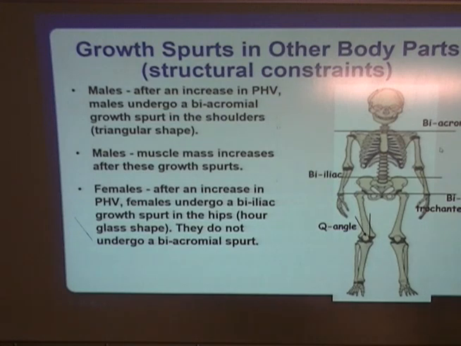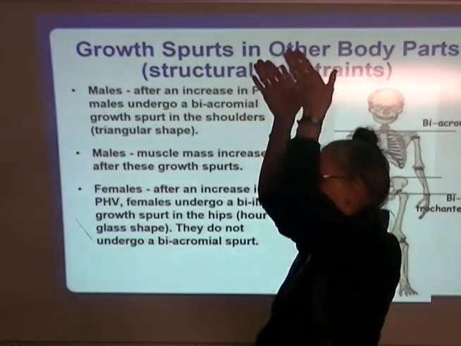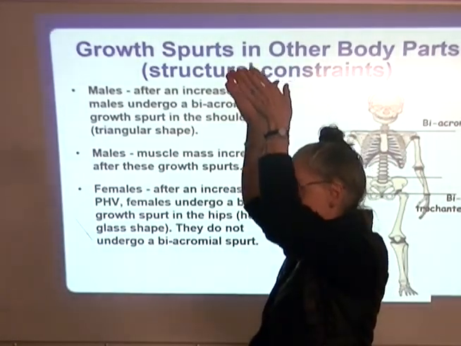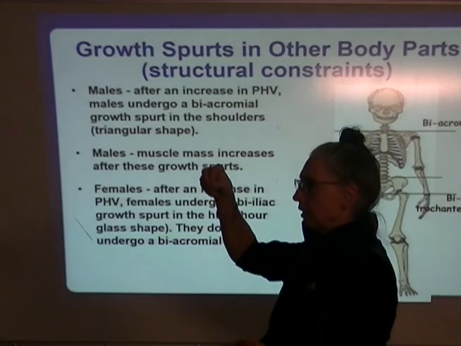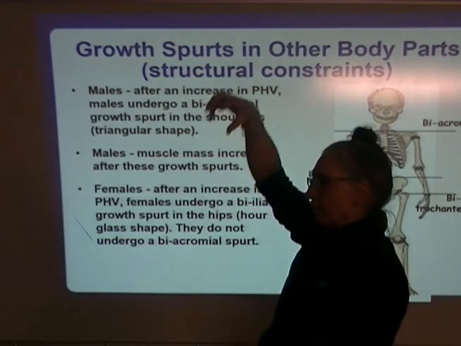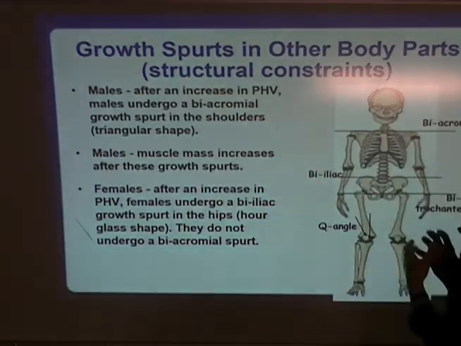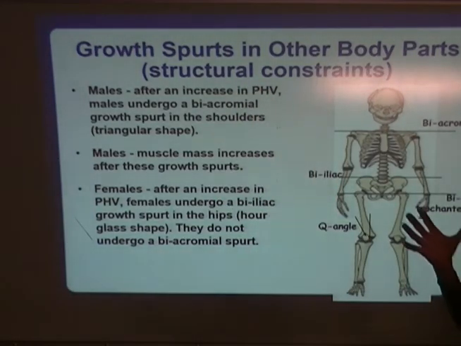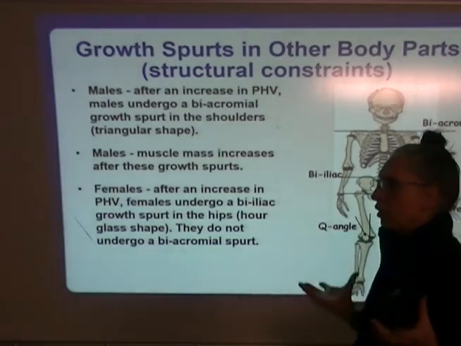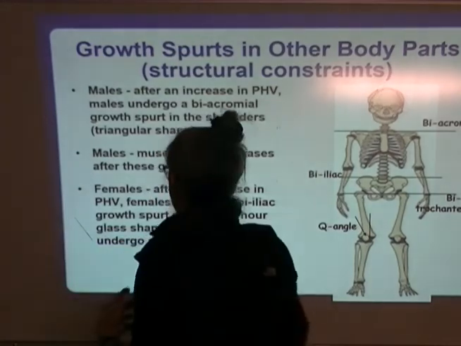So, when we come back to the idea of the skeleton, we were initially looking at changes in height. That's leg length, that's the length of the trunk and the spine. But we also have some other growth spurts that occur before the muscle is laid on top of this skeleton.